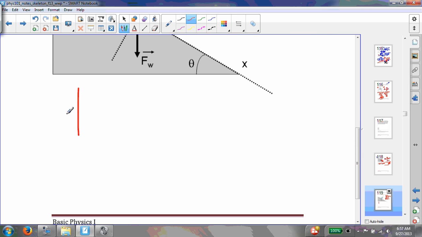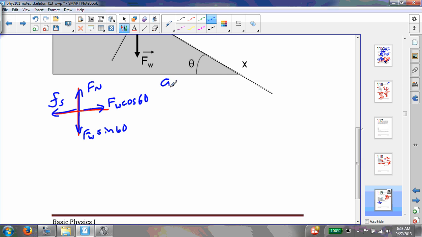I'm going to go ahead and redraw this vector diagram just so you'll have it here to see. I have my normal force, my static frictional force, I have Fw sine of 60 and Fw cosine of 60.